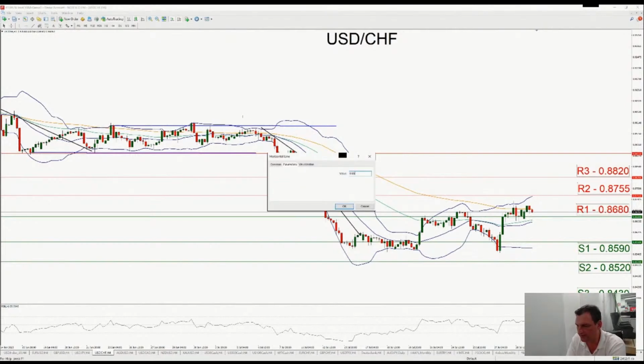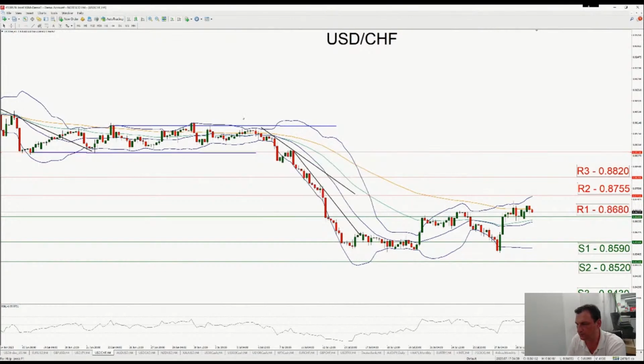Okay, we're not talking about the exact value. The exact value is 0.8908. Let's try 0.8910. Yeah, seems good.